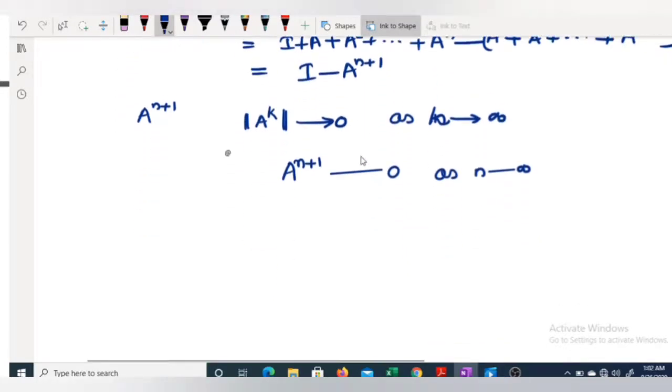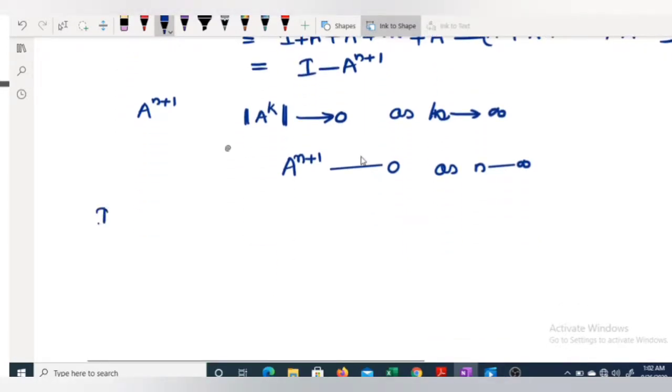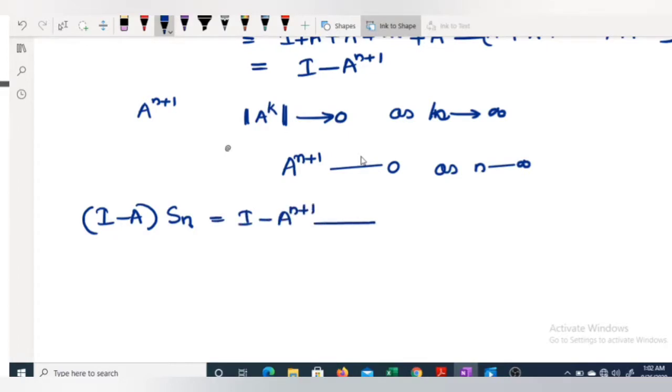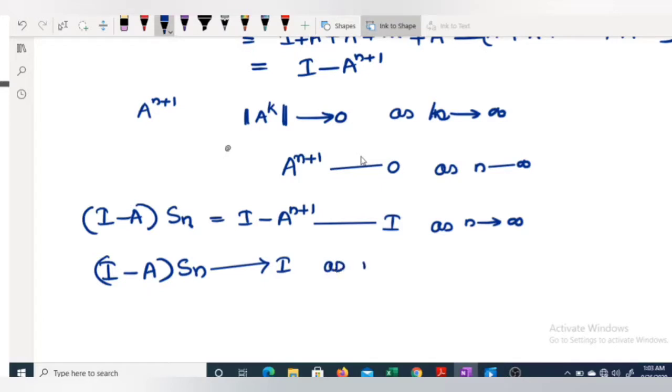Thus we get I minus a into Sn is equal to I minus a raised to n plus 1 and tends to I as n tends to infinity. Now that means the limit of this tends to I.